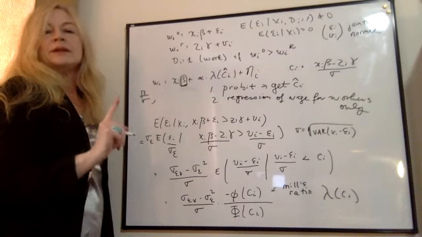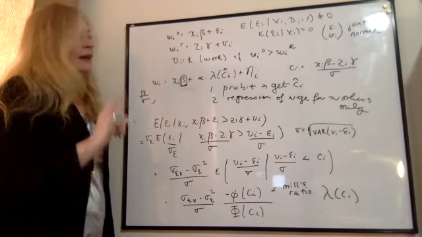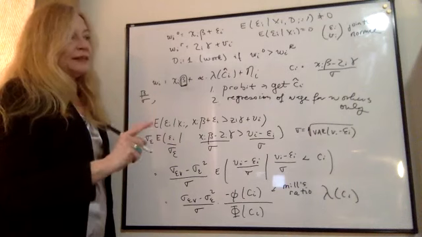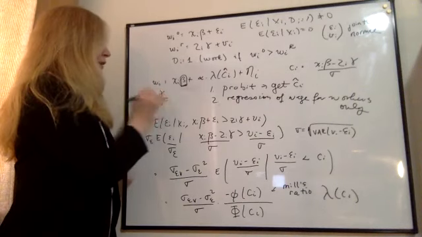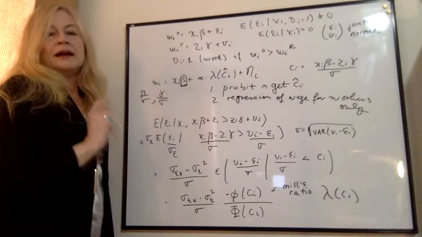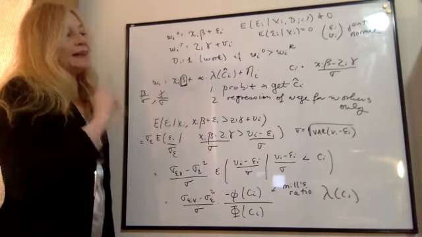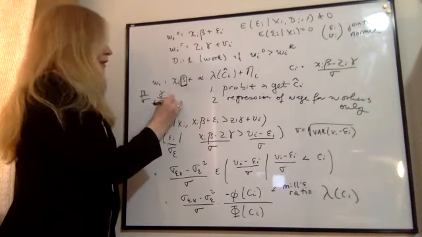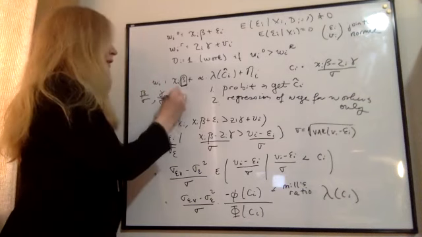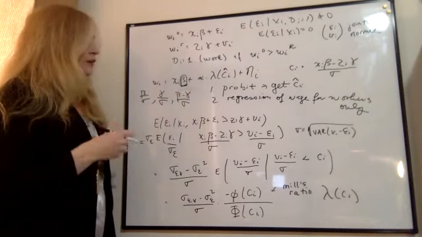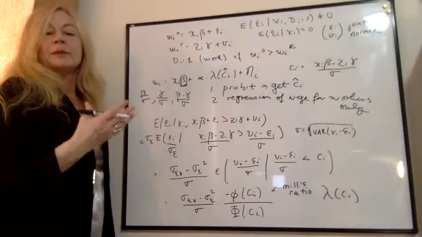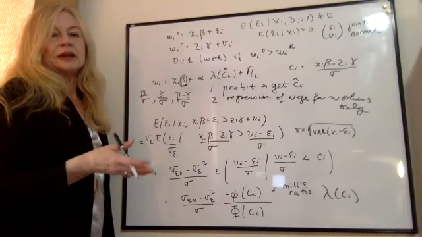If I have a variable that's only in Z, then from the probit model, I get gamma over sigma. And if I have a variable that's in X and Z, then from just the probit model, I get beta minus gamma over sigma. Okay, so I get a lot from the probit model by itself.